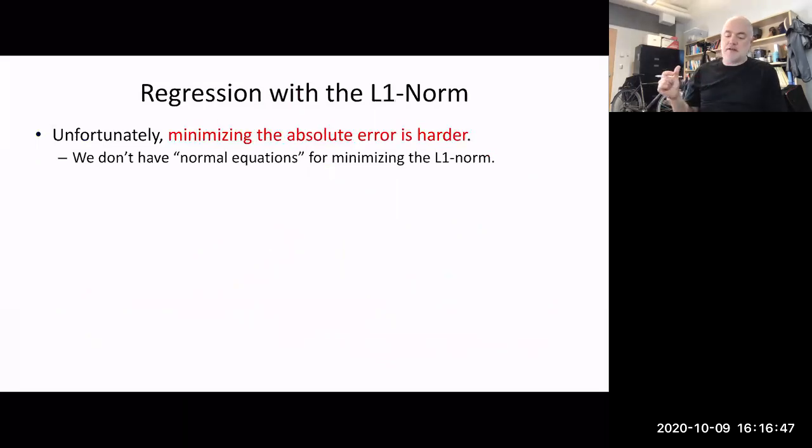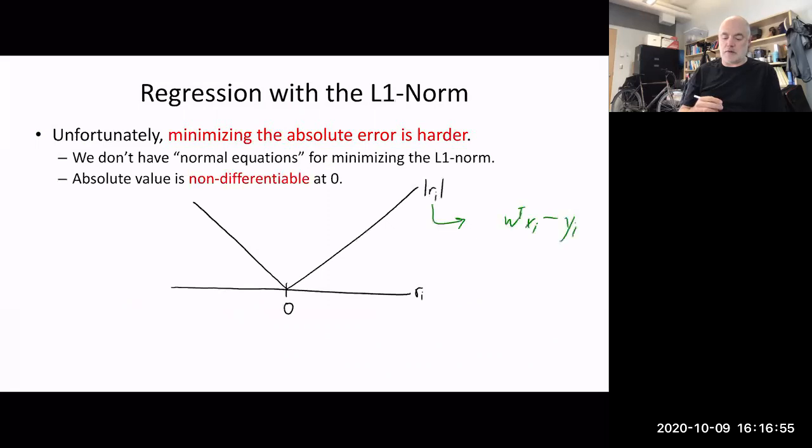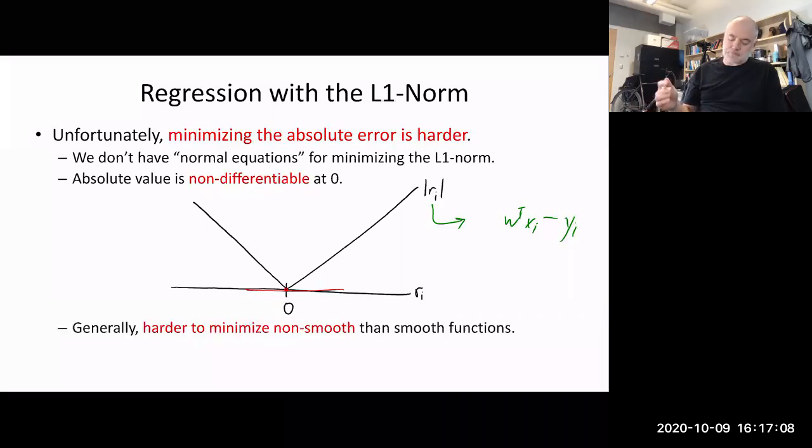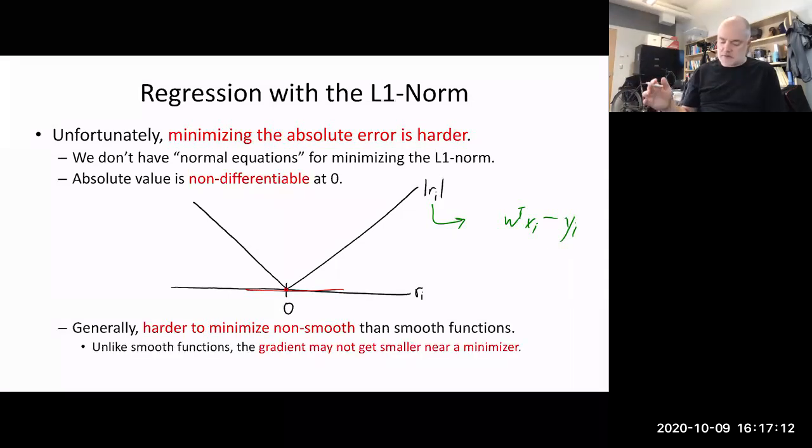Unfortunately, minimizing the absolute error is harder, as we talked about a little bit last time. We don't have the equivalent of normal equations for minimizing the L1 norm. Among other things, the absolute value is non-differentiable at 0. We talked a little bit about subgradients, and you can do some sort of subgradient method, but it's harder to minimize non-smooth functions than smooth functions.